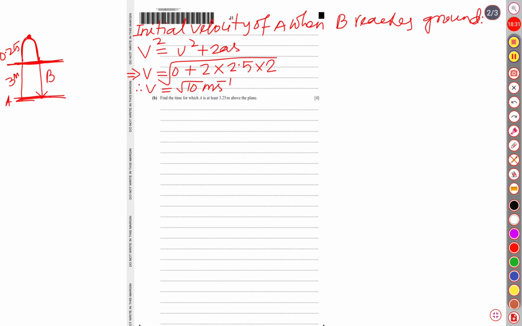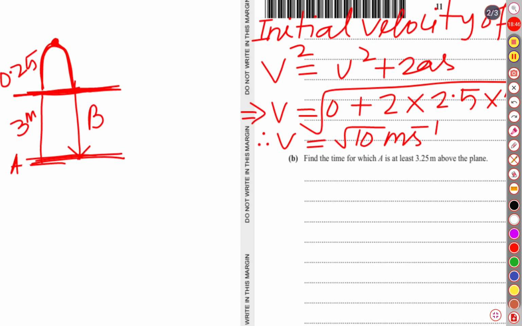When B reaches the ground, A was still moving up. As I have shown you, when B reaches the ground, A still moved up, and at one stage it came down. Okay, now we should know the acceleration of A when B reaches the ground.